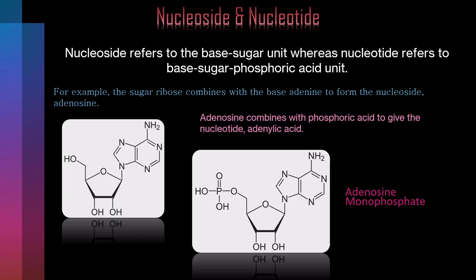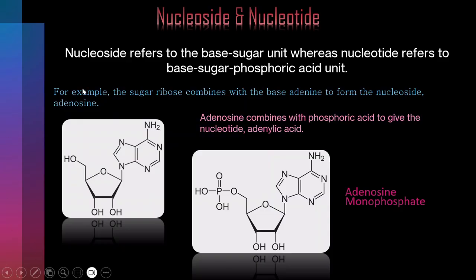Now, when we study nucleic acid, we often come across two terms, nucleoside and nucleotide, which might come as a 2-mark or a 4-mark question. So let us have a deeper understanding of what a nucleotide and what a nucleoside is.